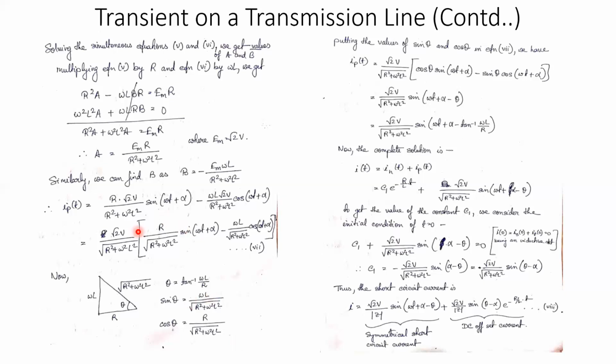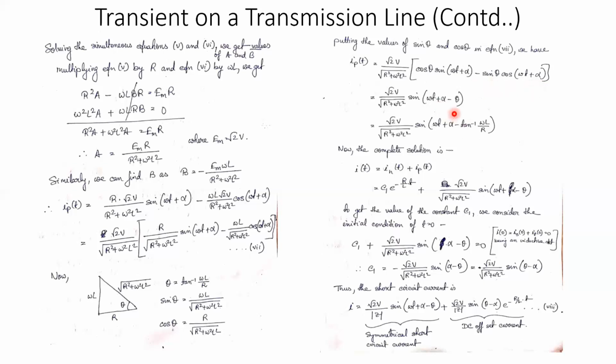Now here we can replace cos theta in place of R by root over R square plus omega square L square, and sine theta in place of omega L by root over R square plus omega square L square. This will give us i(t) is equal to root 2 V by root over R square plus omega square L square within bracket cos theta sine of omega t plus alpha minus sine theta cos of omega t plus alpha.